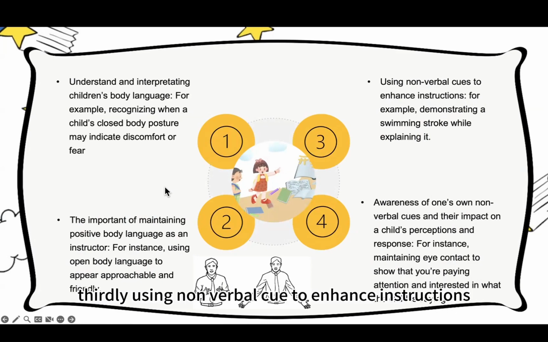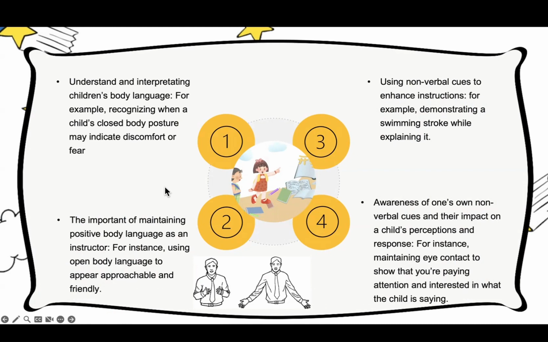Thirdly, using non-verbal cues to enhance instructions, for example, demonstrating a swimming stroke while explaining it. Lastly, it is crucial for teachers to be aware of their own non-verbal cues and their impact on the child's perception and response. For example, maintaining eye contact to show that you are paying attention and are interested in what the child is saying.